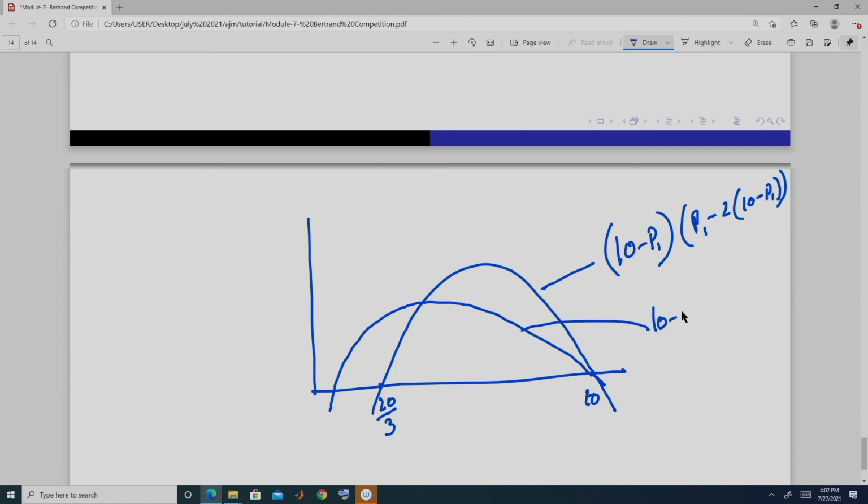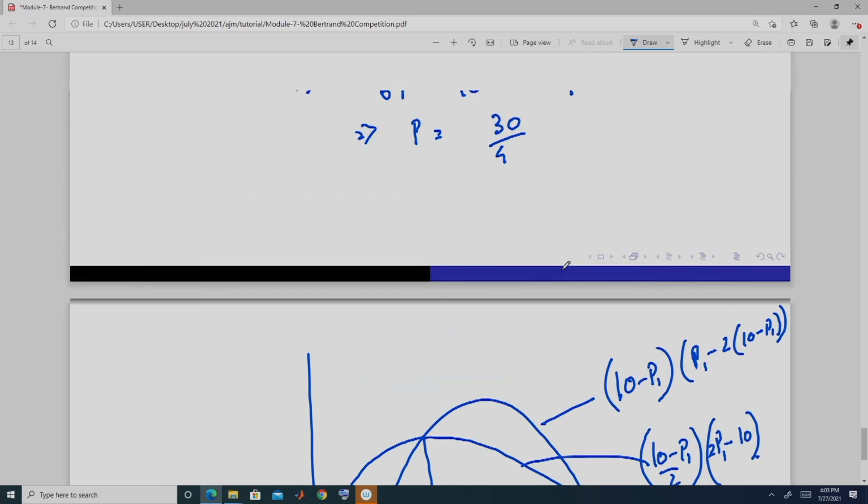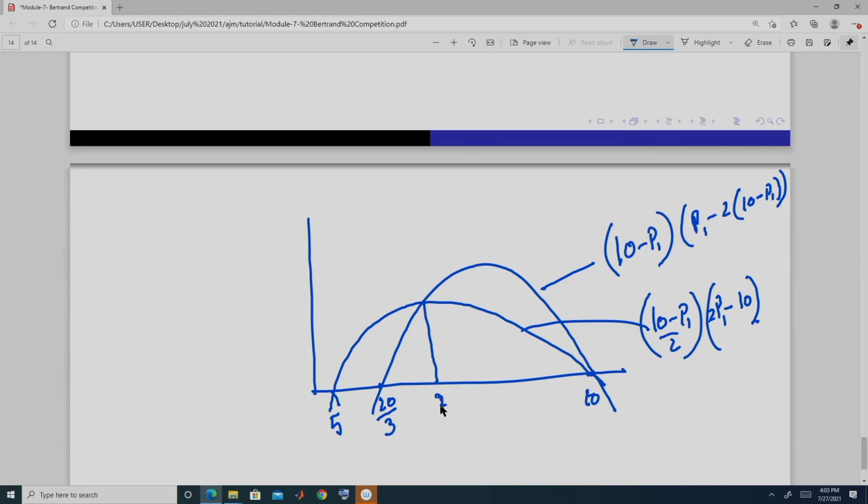This function is, it's this point is 5 and this is 10, this point is 30 by 4. Okay. And here we are plotting profit.